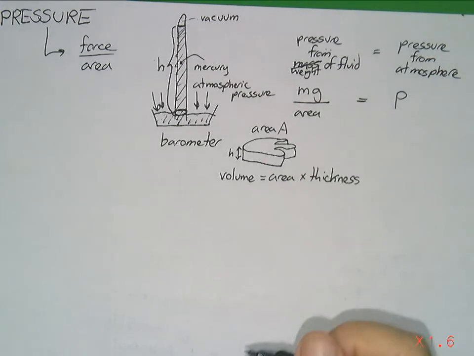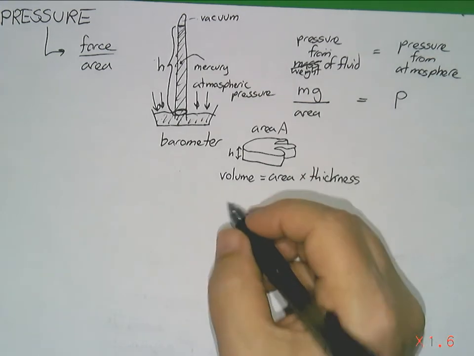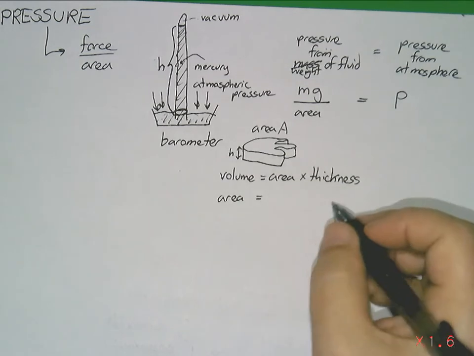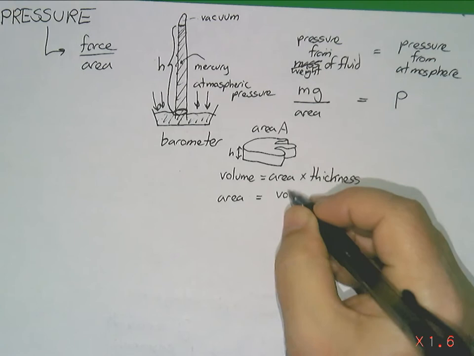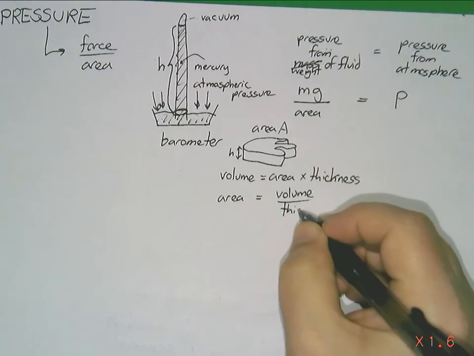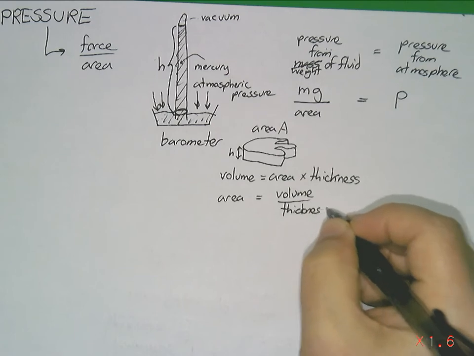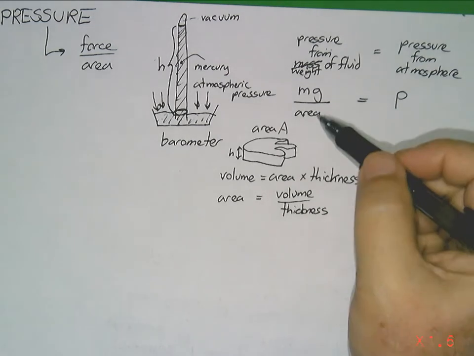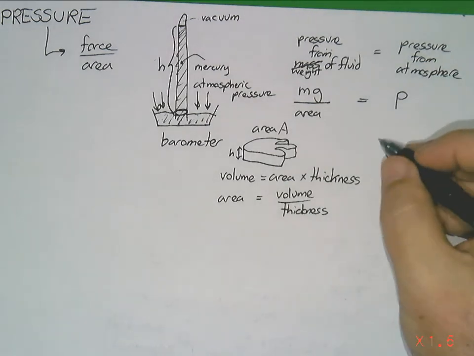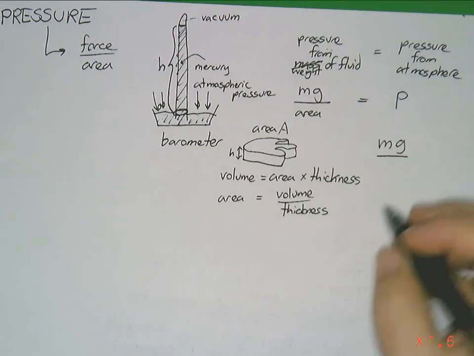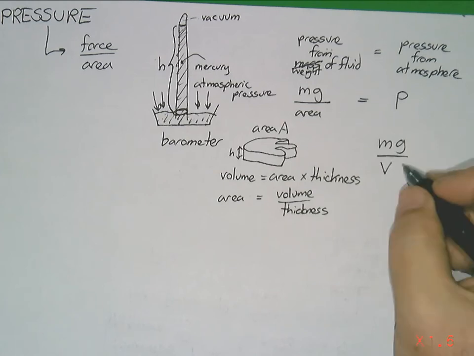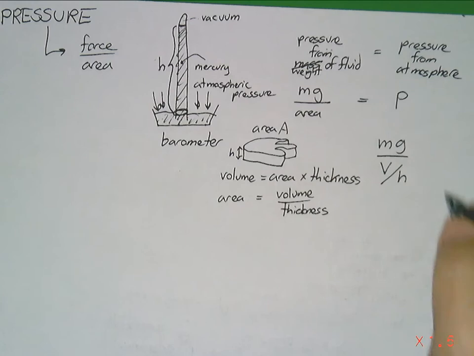So if I look at my area here, I can replace it. The area is the volume over the thickness. So let's replace the area in our formula with that. I have at this point mg over the volume divided by the thickness, which is h.